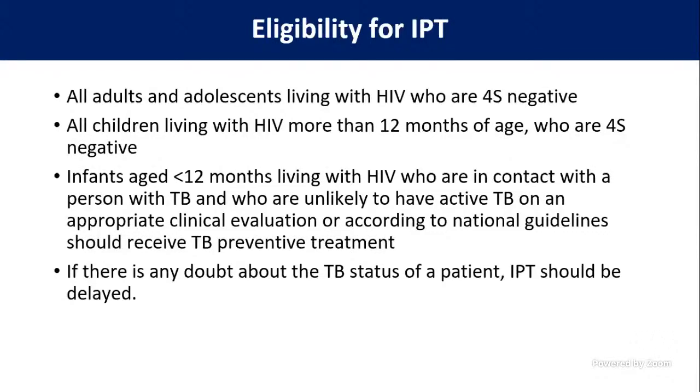The only guidance we emphasize for children less than 1 year of age is to look thoroughly for any contact history. In the 4-symptom screening, the difference between an adult and a child is the contact history of tuberculosis, so we verify it. If there is any doubt about TB status, IPT should be delayed. It is not a medical emergency to start. Next slide.